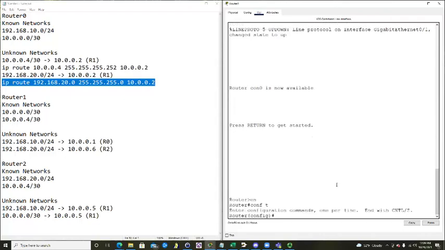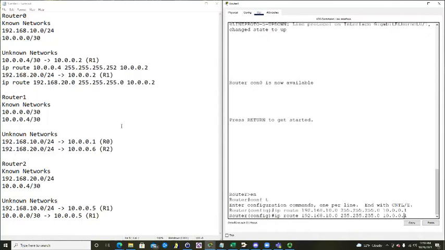So we can go over to our router 1 here, go into global configuration mode, and same thing. We know that we have to write 2 rules. We have to tell it about the 10.0 network, and the 20.0 network. So we'll write our routes of IP route 192.168.10.0, how big the network is, which is a /24, also known as 255.255.255.0, and then how to get to the 10.0 network, which is send it over to router 0 at 10.0.0.1.